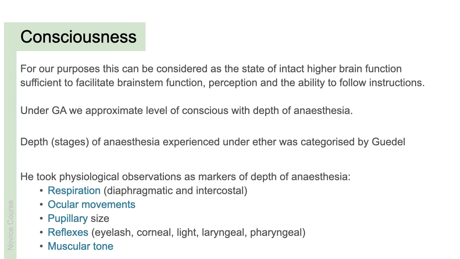Considered patients' muscular tone levels, and also looked at the cardiovascular status of the patient, the blood pressure and the heart rate. And by observing patients going under general anaesthetic using ether and going through these stages of anaesthesia, he was able to break them down into 4 specific stages.